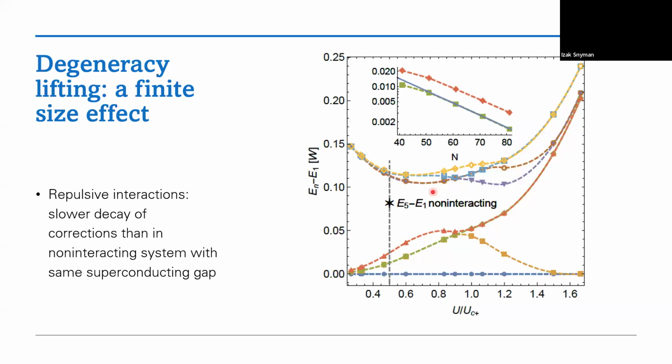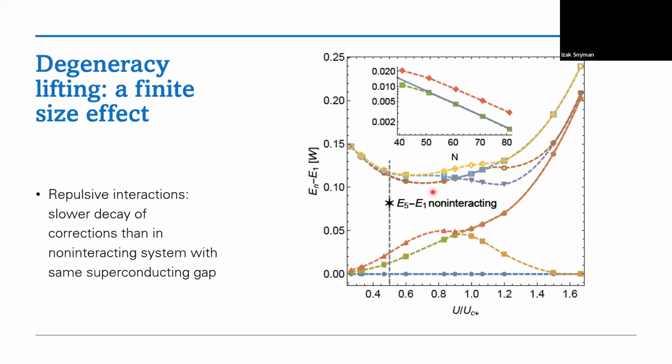Now, in the non-interacting system, for a given gap you have a given decay rate for the tail that the edge states have into the bulk, which is also what determines this finite size degeneracy lifting.